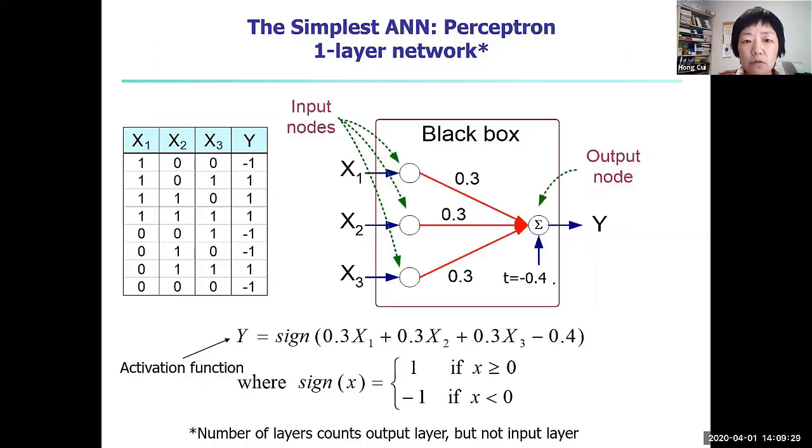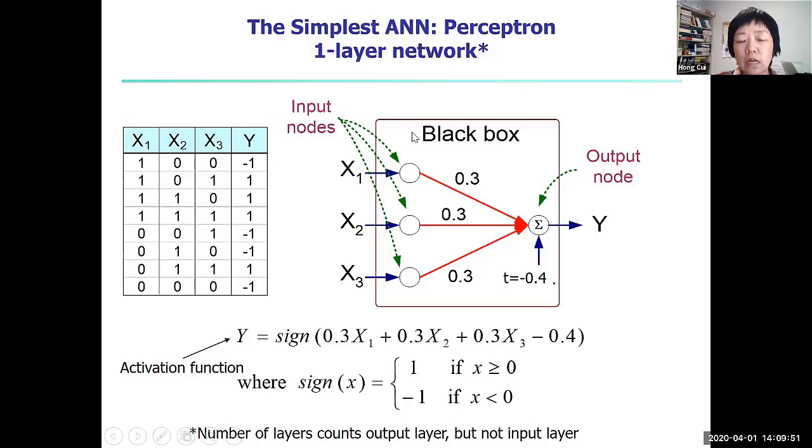The one that we're going to use today to illustrate the idea is a perceptron. The perceptron is the simplest neural network. It has input nodes and an output node. So this is considered a one layer neural network.